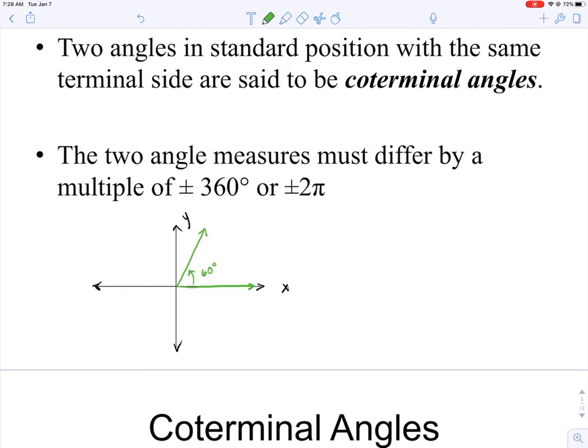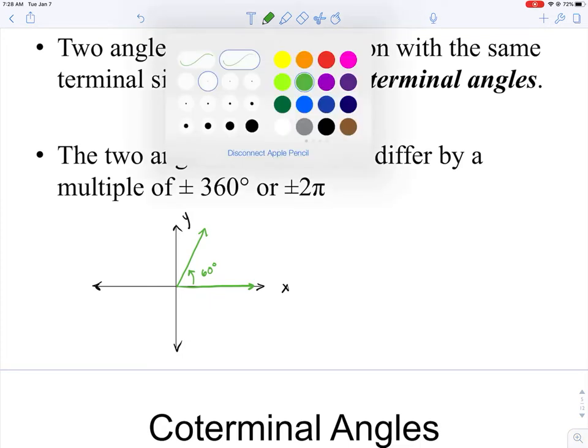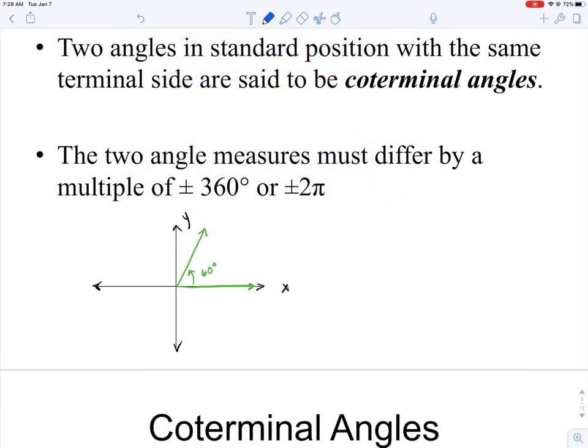Now 60 degrees has infinitely many coterminal angles. Like if I were to subtract 360 degrees from 60 degrees, that would give me negative 300 degrees, right? So rotating in the clockwise direction, if I'm subtracting 360 degrees, that would be negative 300 degrees.